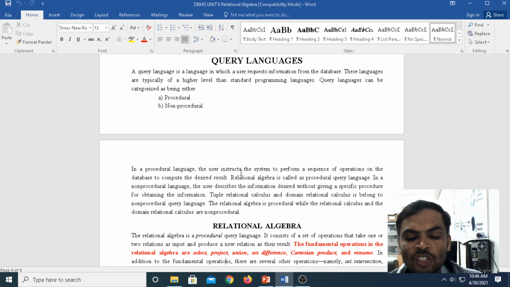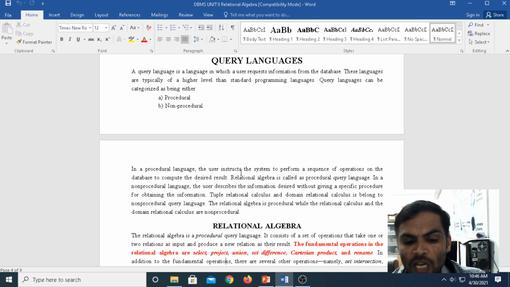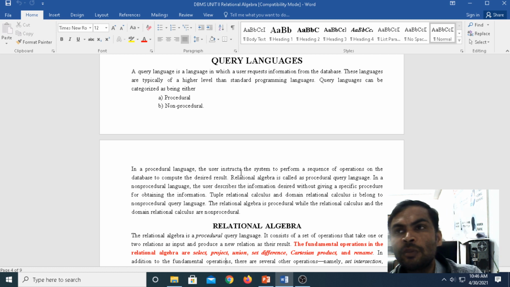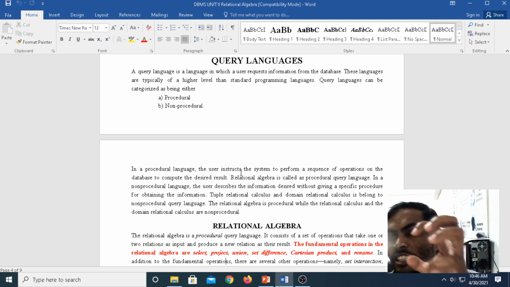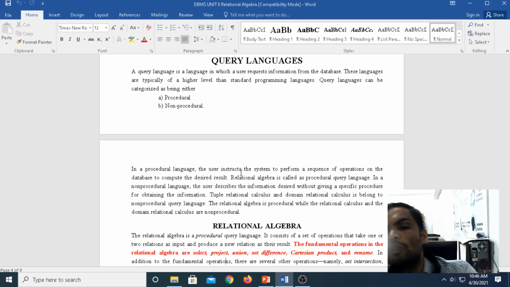Coming to the Cartesian product, it is represented with the help of the cross mark. Cartesian product means that from the relational tables, without giving any cardinality principle or any constraints, if you want to retrieve, we can retrieve with the help of the Cartesian product, using the from clause.